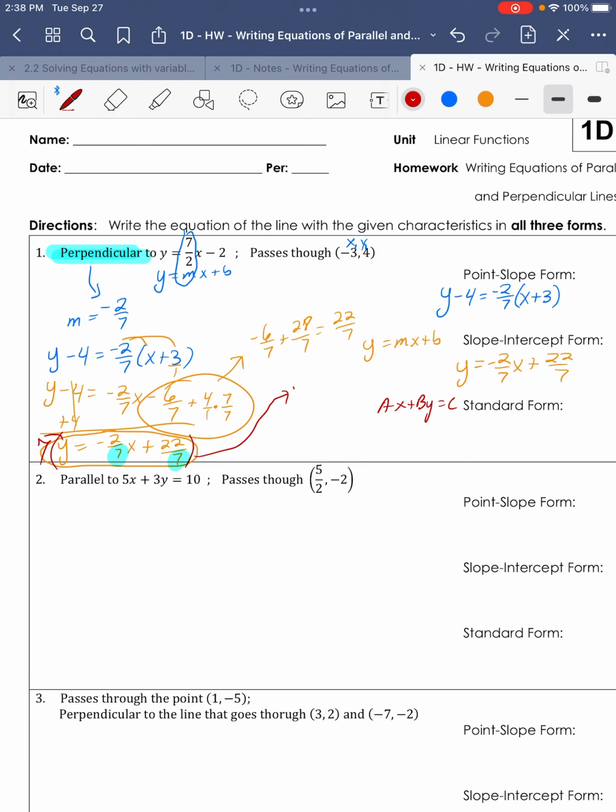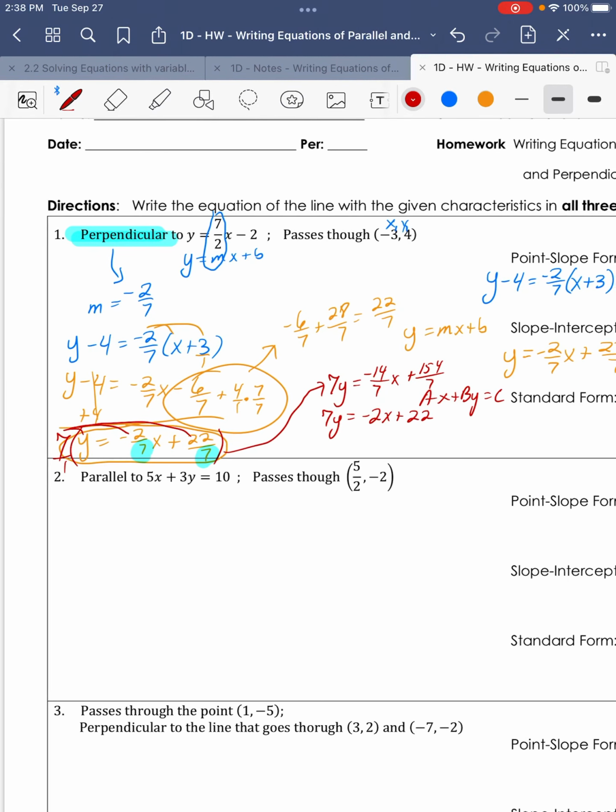So 7 times y is 7y. 7 times negative 2 is negative 14 over 1 times 7 is 7, x. 7 times 22 is 154 over 7. Let's simplify each one of those fractions. That's negative 2x. 154 over 7 is 22. All right, the denominators are gone.